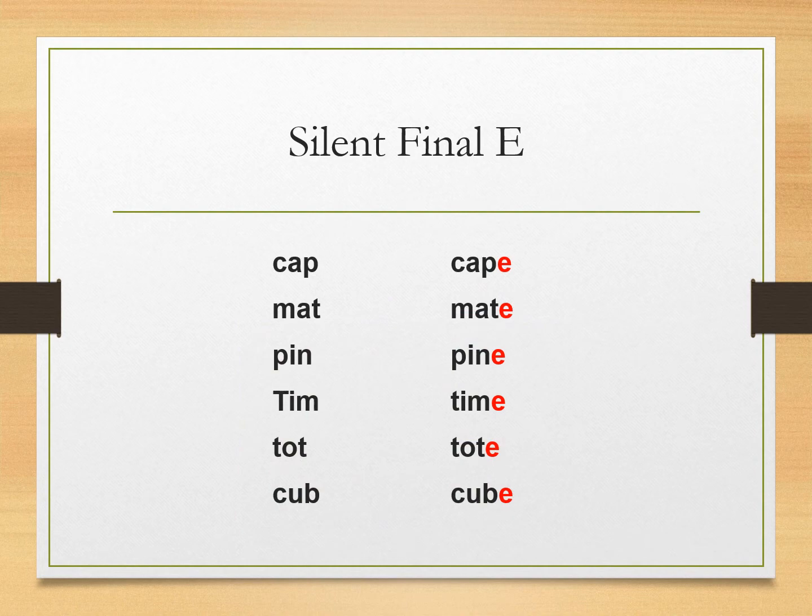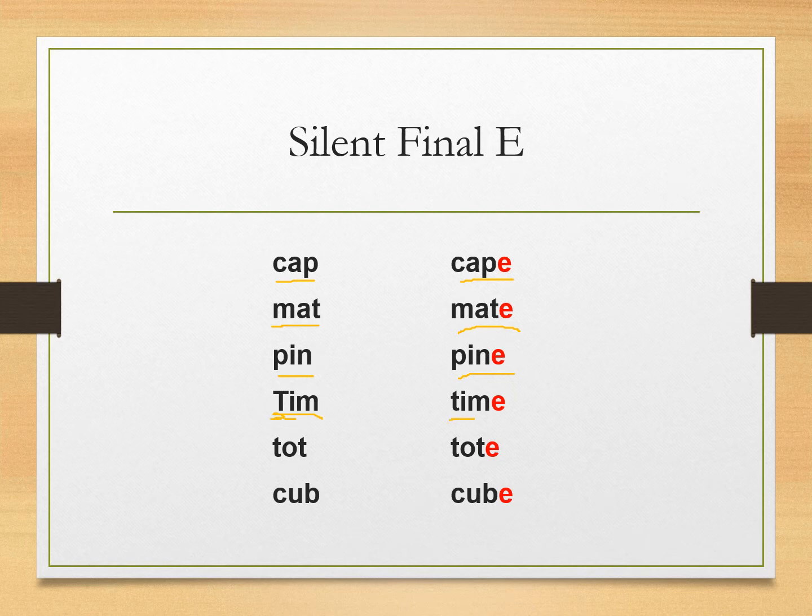You know a lot of words like this already. We just talked about cap, cape, and here's just a few more examples. Mat turns into mate. Pin turns into pine. Tim, now this is a name, so I have a capital T. Tim is a person's name.